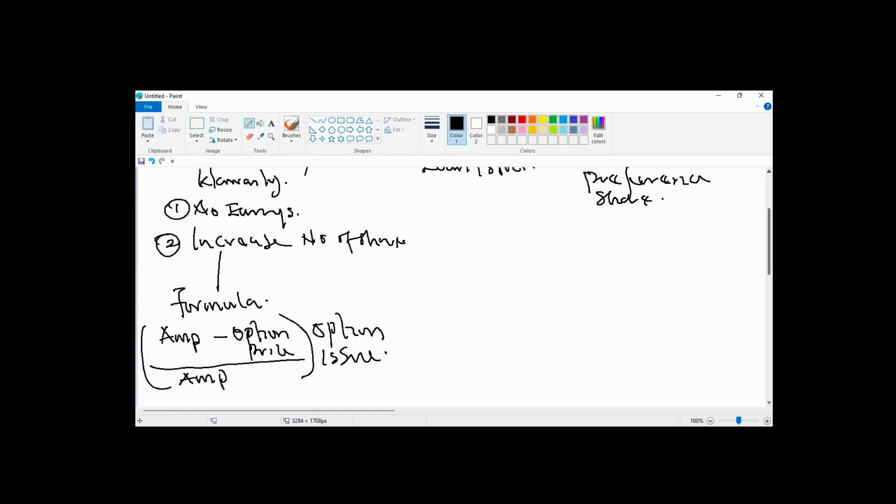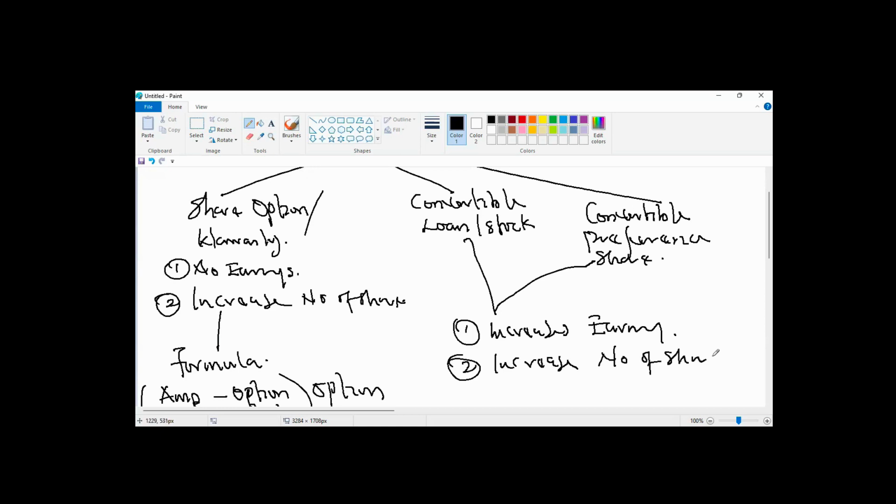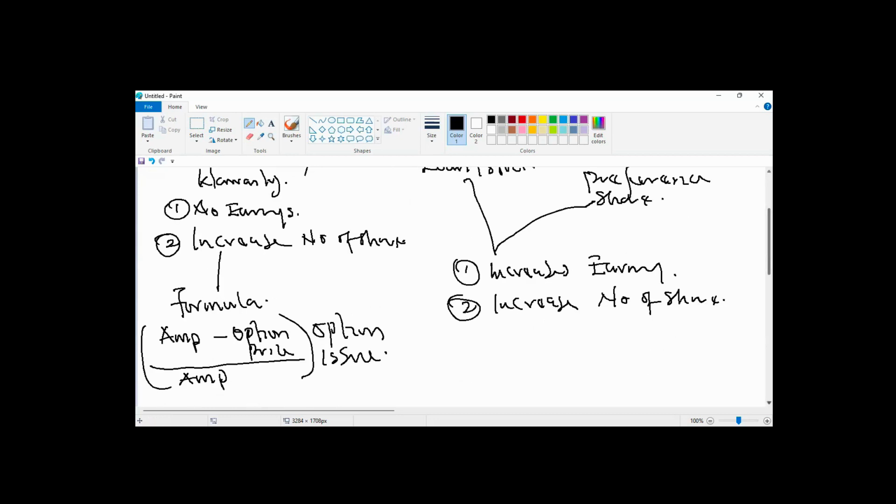Then for the convertibles, they must be convertible. One, it increases the earnings. Two, it also increases the number of shares. Then we said these three steps must be taken.